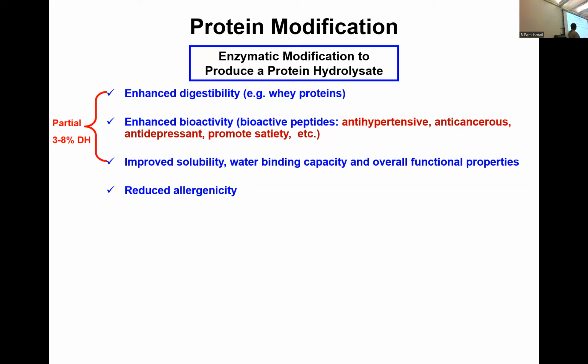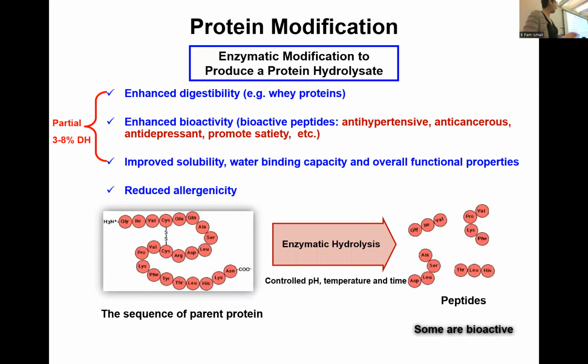Reduced allergenicity, yes, of course, hydrolysis reduces allergenicity, but in order to be completely hypoallergenic, you need to hydrolyze more than 50% of the peptides to ensure that all potential epitopes are disrupted. When you do that, the protein is not functional, and the protein tastes bad, sour, bitter, astringent, all of the above. So enzymatic hydrolysis is usually targeted.